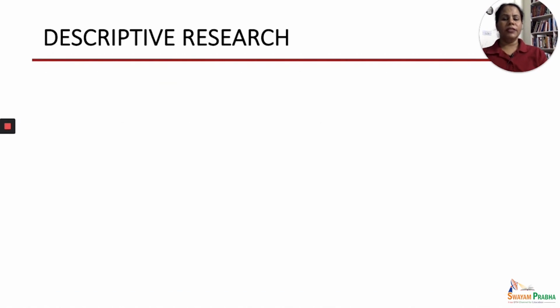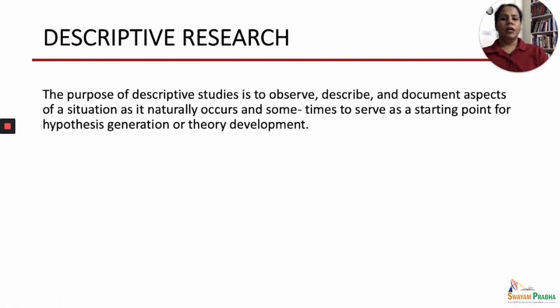The third important category of non-experimental research designs is descriptive research. Descriptive research is not necessarily studying the relationships between the variables, but these studies are conducted to observe, describe and document the aspects of a situation.